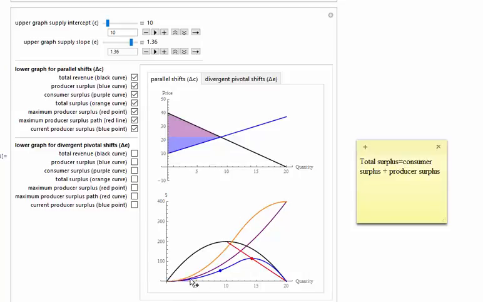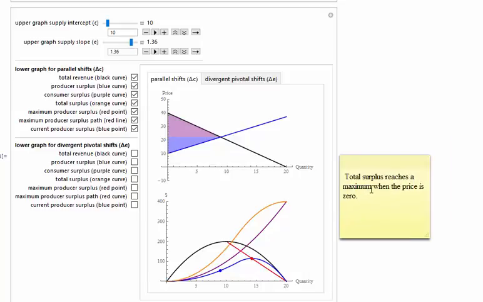Producer surplus is increasing at an increasing rate until about here, and then starts increasing at a decreasing rate, reaches a maximum, and then starts declining. So our total surplus increases, and then somewhere up here it starts increasing at a decreasing rate. And at this point up here, total surplus is equal to consumer surplus because there is no producer surplus. That's a mouthful, isn't it?